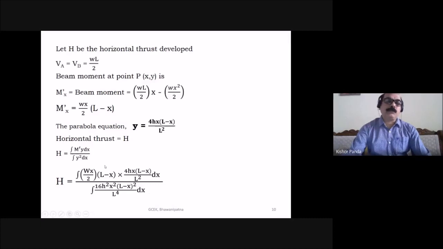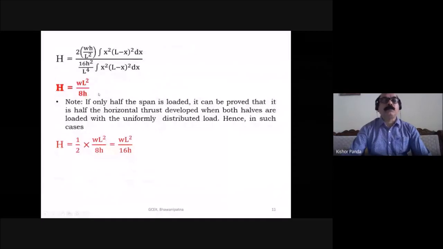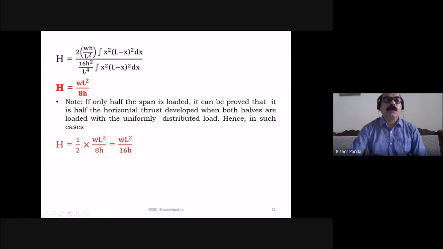This is the horizontal thrust. After simplification, H is equal to 2Wh by L squared integration of x squared (L minus x) whole squared dx, divided by 16h squared by L to the fourth integration of x squared (L minus x) whole squared dx. Horizontal thrust is equal to WL squared by 8h.